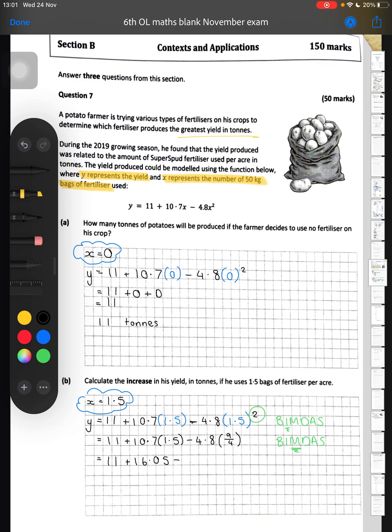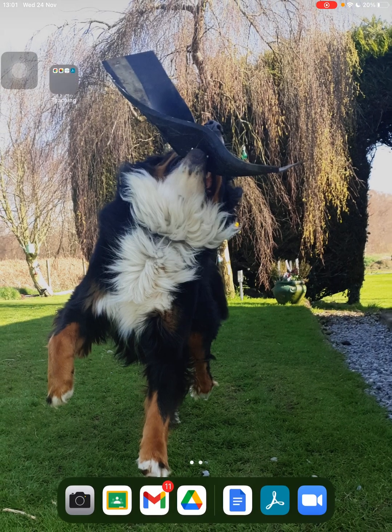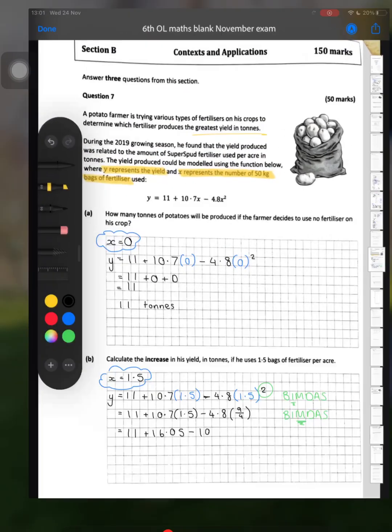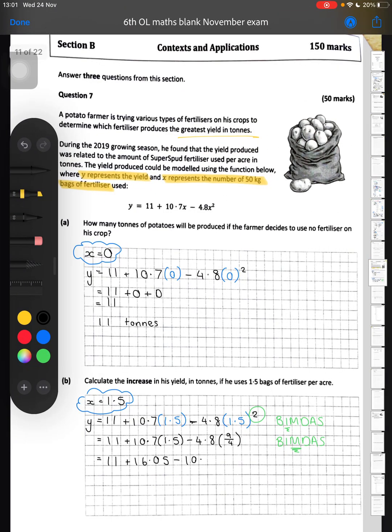And then minus 4.8 by 9 over 4 is going to give me 10.8. Oops, sorry. That's my dog. 10.8. Okay, so I'm just going to type that into my calculator, and I get 16.25.